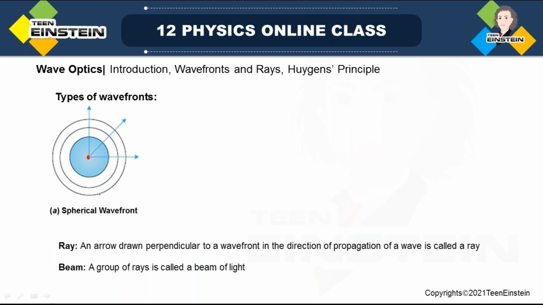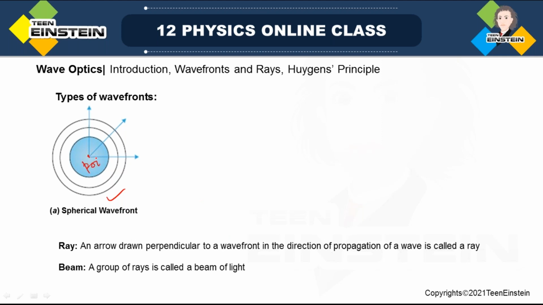If you have a point source of light, then you get a spherical wavefront, because after producing the wavefront from here, it will be spreading out in all directions symmetrically. So a point source of light will produce spherical surfaces spreading all over the space. This kind of wavefront is called a spherical wavefront.